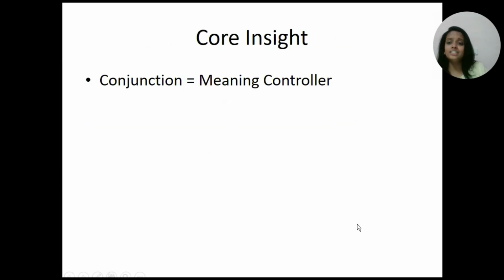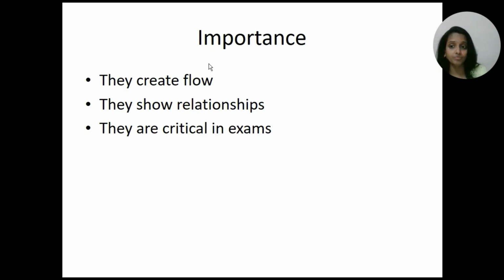Got it? And I'll tell you why conjunctions are important. Without conjunctions, your sentences feel broken. Your ideas feel disconnected. And with conjunctions, you will have a very smooth flow and you can also find the logical progression when you speak or write. So they show relationships.